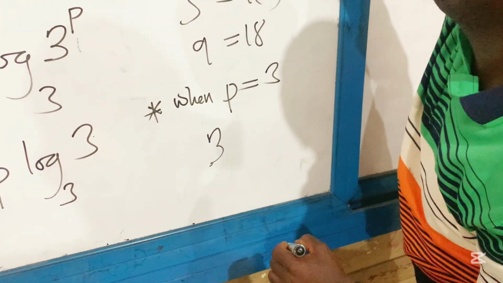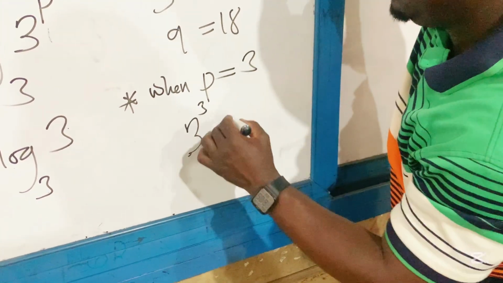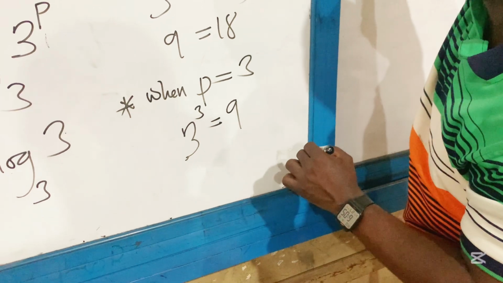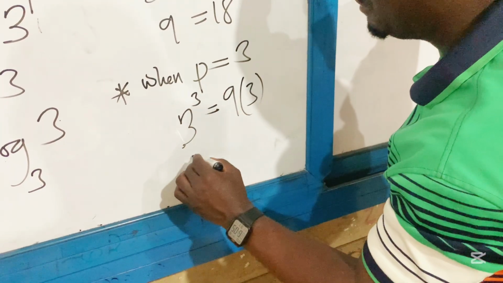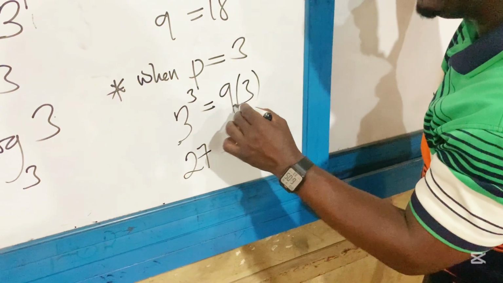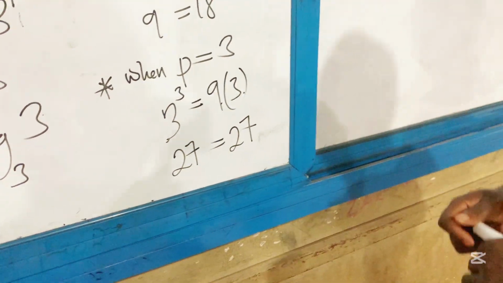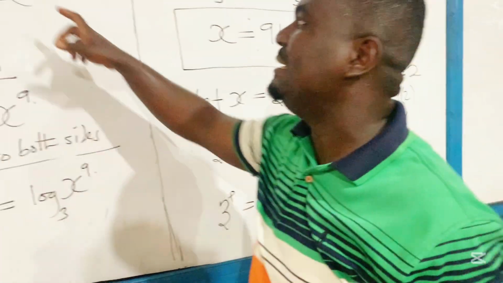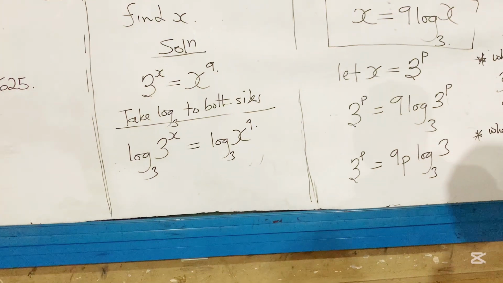We said your p is 3, so 3 exponent p equal to 9 times 3. So 3 exponent 3 will give you 27. 9 times 3 will give you 27. So it tells you that your x is 27.